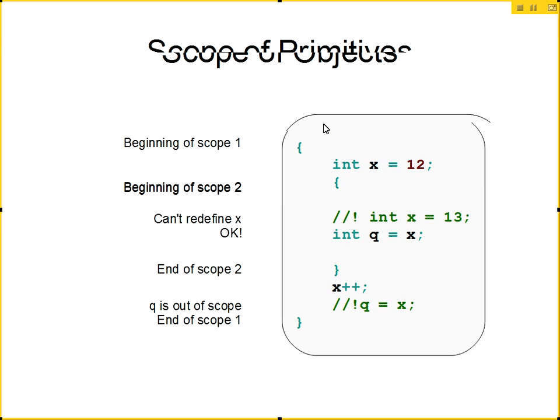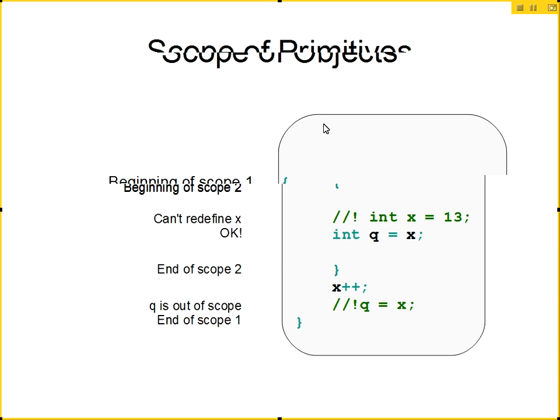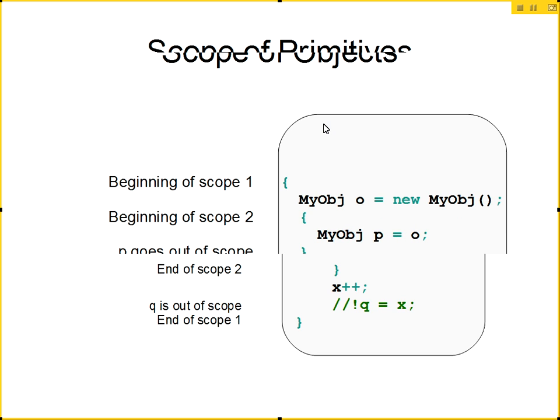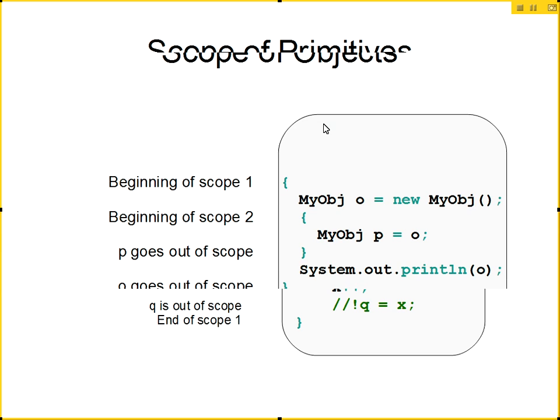So, in this case, we've got two object references defined and one object created. So I've instantiated my object. I can assign it to O. And then inside the inner block there, I can assign O to P. Now that's not copying the object.